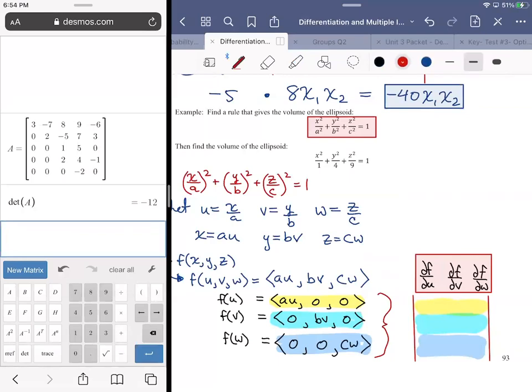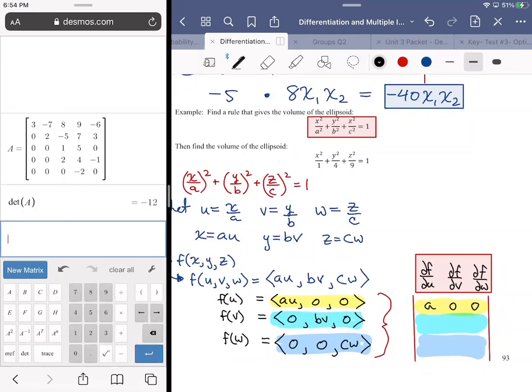So the derivative with respect to u would be a, 0, 0. The derivative with respect to u for the first entry would be a. Everything else would be zeros because the derivative of a constant, no matter what the variable of differentiation, is going to be 0.